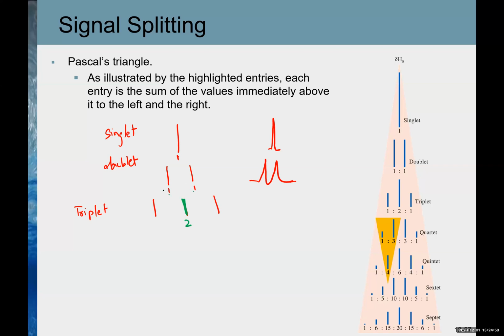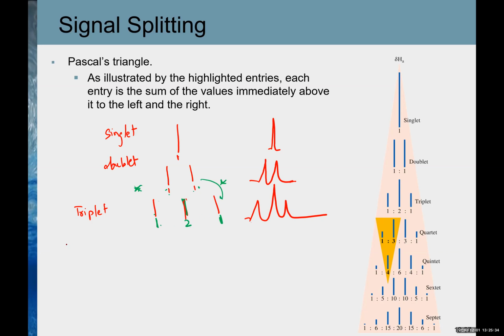This line is on the side and there is no number here. So 1 and no number will stay 1. This line is on the side. So 1 and no number here. So that's also 1. So therefore when we have triplet, the intensity will be 1:2:1, or the triplet will look like 1, 2, 1. So the middle one will be twice as large as the side two. Is that okay? Is that clear?